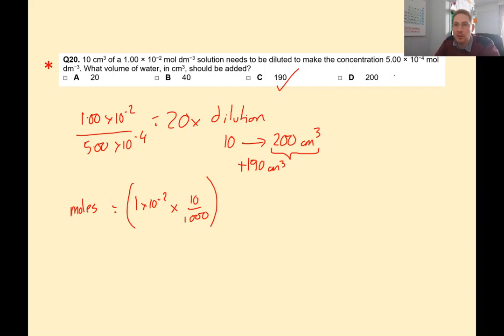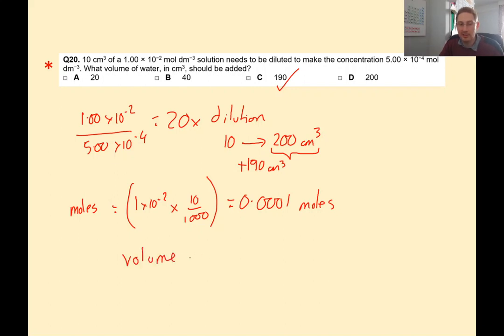And then you could say, well, you know there's going to be that same number of moles in the diluted solution, so let me just work this out. 1 times 10 to the minus 2 times 10 divided by 1,000 is 0.0001 moles, and therefore you want the volume.